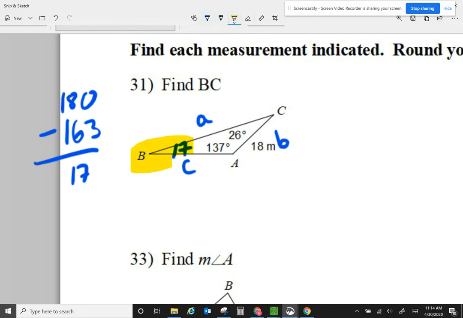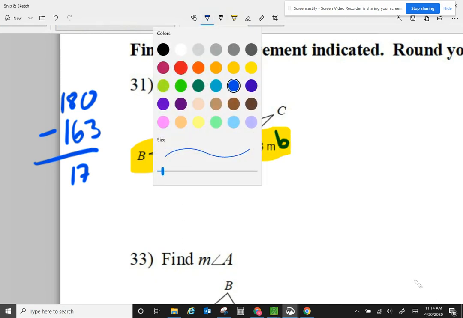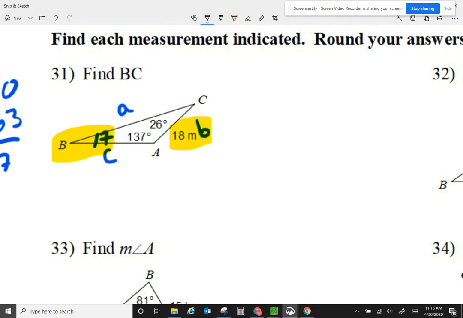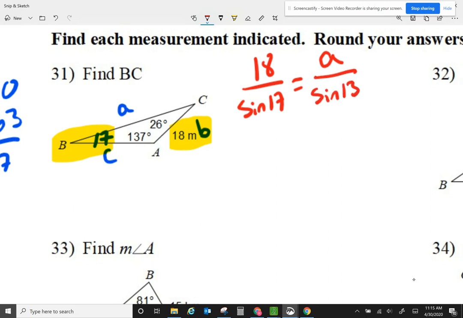Now notice I have angle B and I have side B. Remember I said when I have two of the same letter, I'm going to use the law of sines. I'm going to say 18 over sine of 17 is equal to, I'm solving for BC, the distance between B and C, and that is little a, over sine of 137.